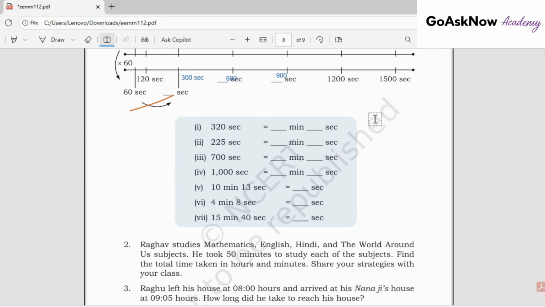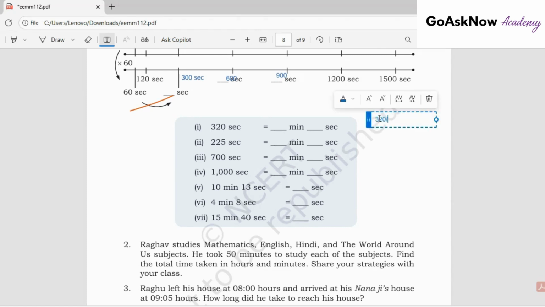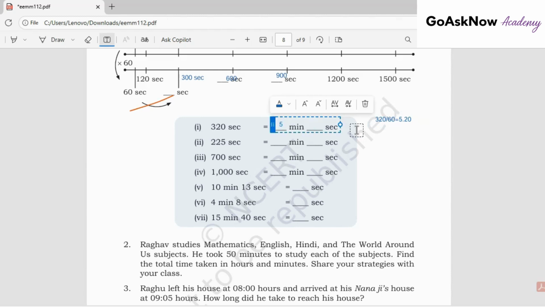For the first one, 320 divided by 60 is equal to 5.20, which is 5 minutes 20 seconds.